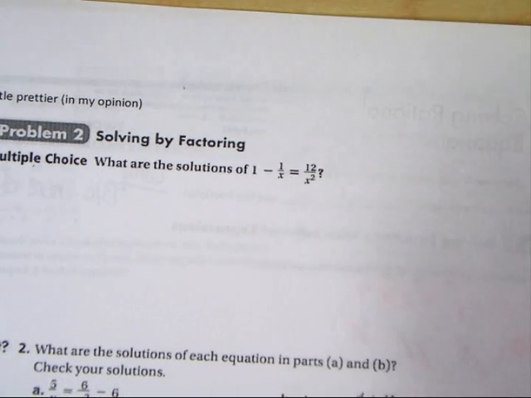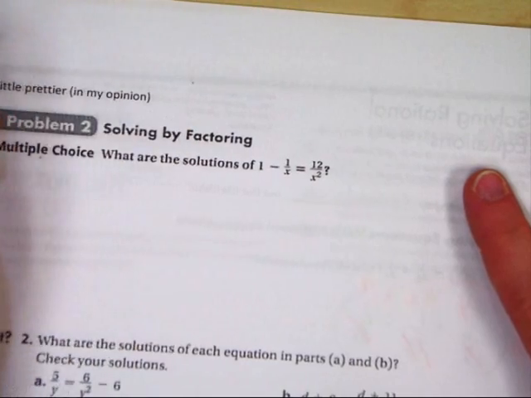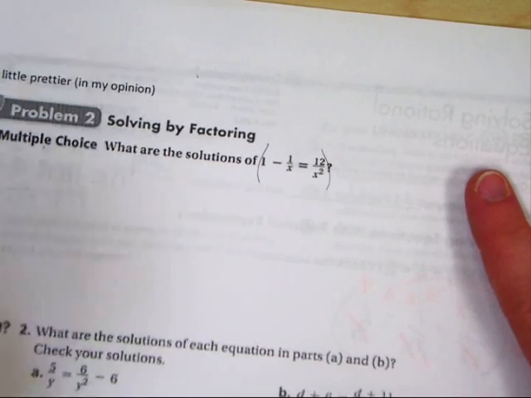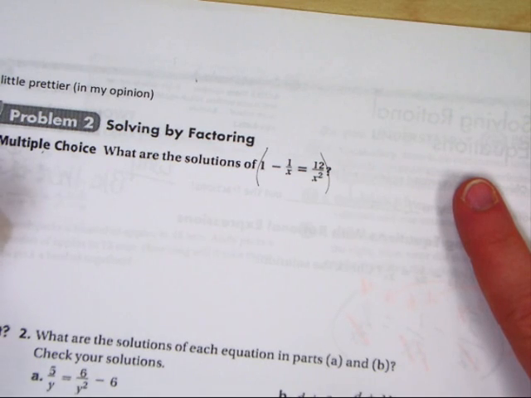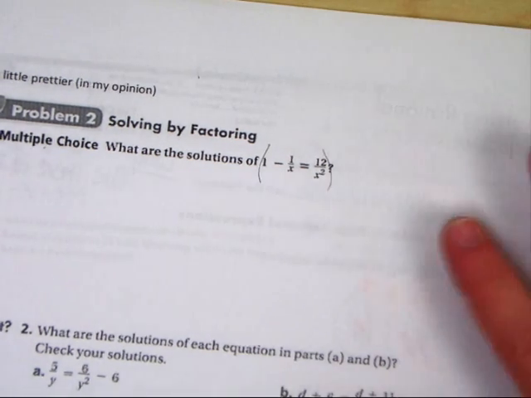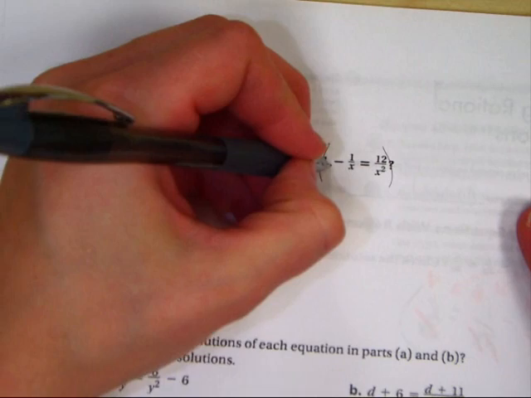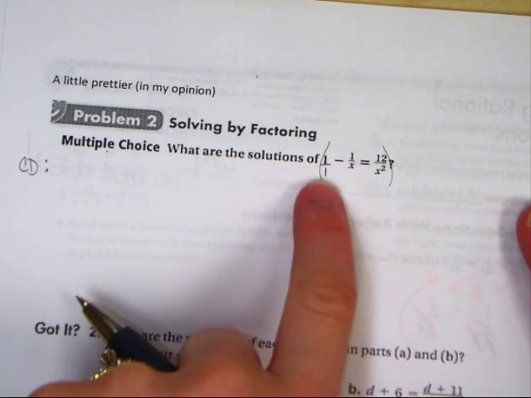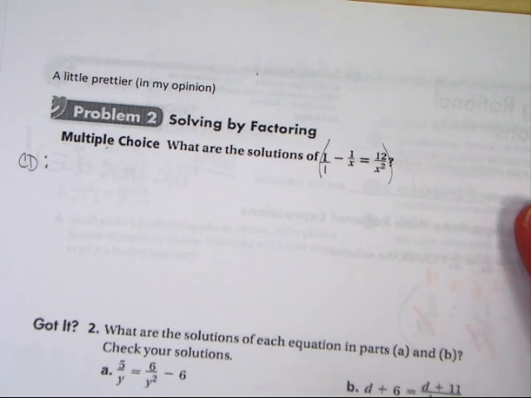Problem 2. It's a little better, at least in my opinion. Let's check it out and see if that's true or not. What we're going to do is get our common denominator. Your common denominator is made up of all the factors of the denominator that don't repeat. The biggest coefficient I see is a 1, so it's not really important.